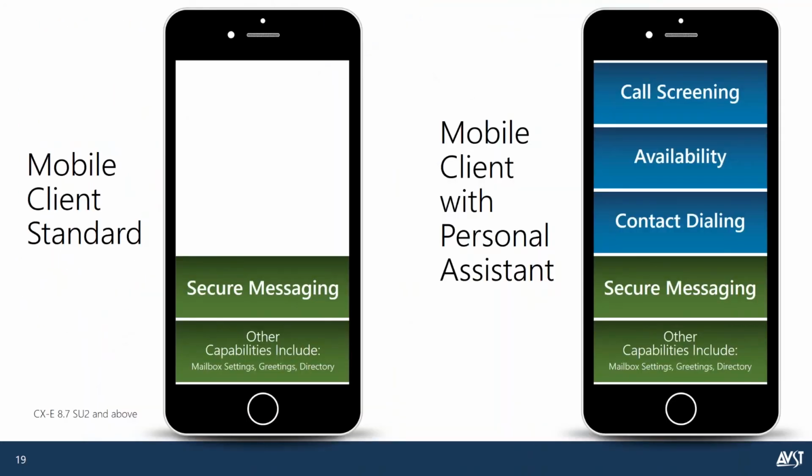But in a nutshell, the basic free client gives you secure messaging, the ability to get your voicemail securely on that device, and mailbox settings, greetings, directory, etc. And then the license that gives you the enhanced call completion that we've been talking about adds a lot of things, like the call screening functionality, where when you answer a call on the phone, it will say, you have a call from John Tyler.